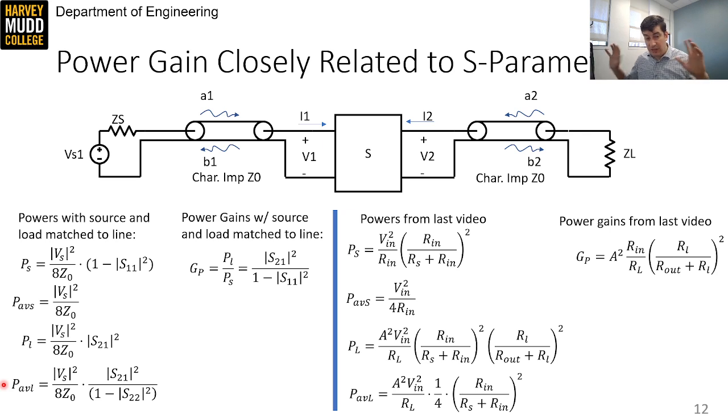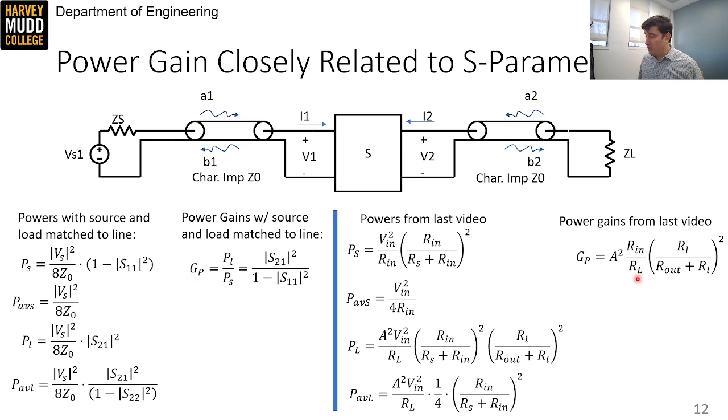So now that we've seen that the powers are kind of doing the same thing, let's look at our power gains. So GP here is PL over PS. That gives us S21 squared over 1 minus S11 squared. And previously we made the claim that GP, our power gain, ignores input matching network. It kind of forgives a bad input match.